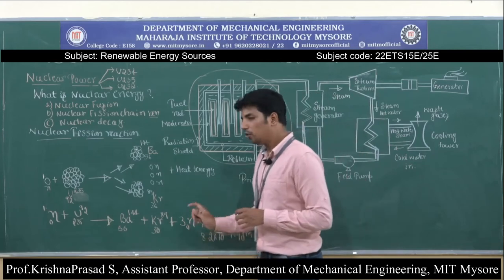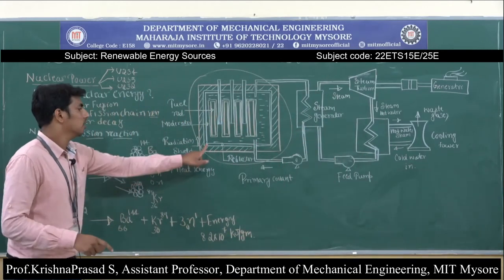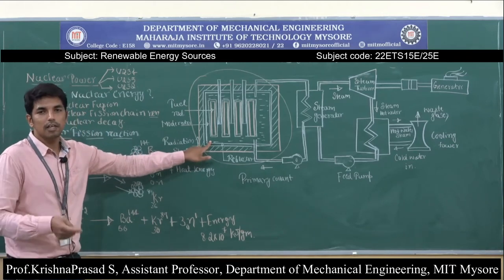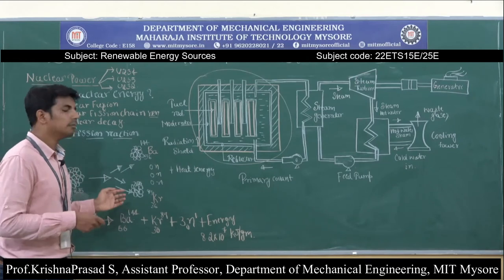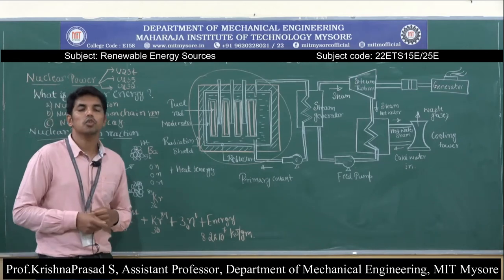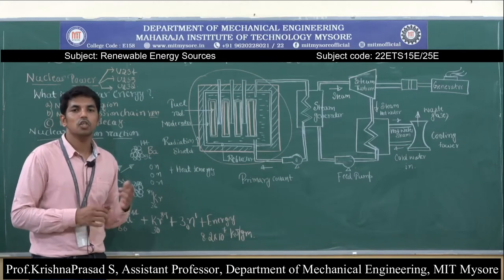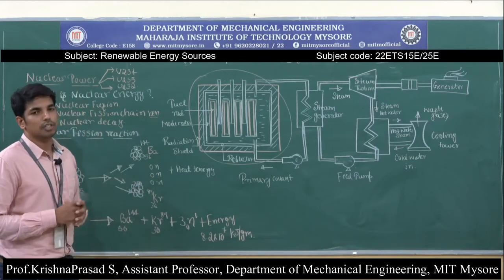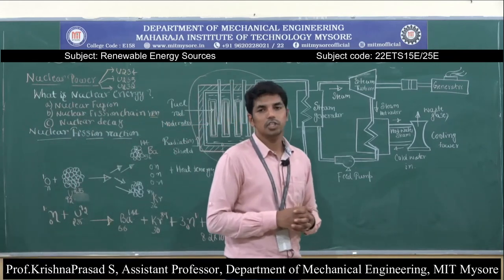These 3 neutrons should be controlled in the moderator. Otherwise, they interact again with uranium-235 atoms and a chain reaction is initiated. So in order to control the nuclear fission chain reaction, control rods are used in the moderator. This is the principle of nuclear fission chain reaction.